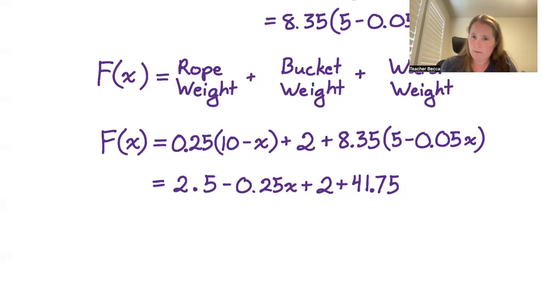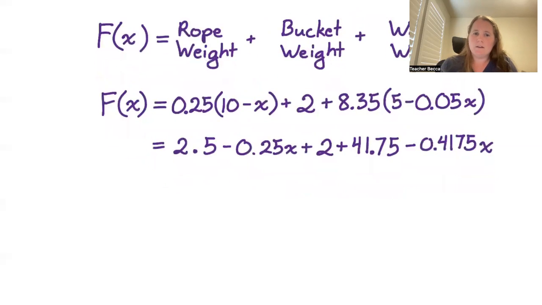And then we have the same thing but shifted over, minus 0.4175x. Putting this all together, 2.5 plus 2 is 4.5, plus 41.75 would be 46.25.